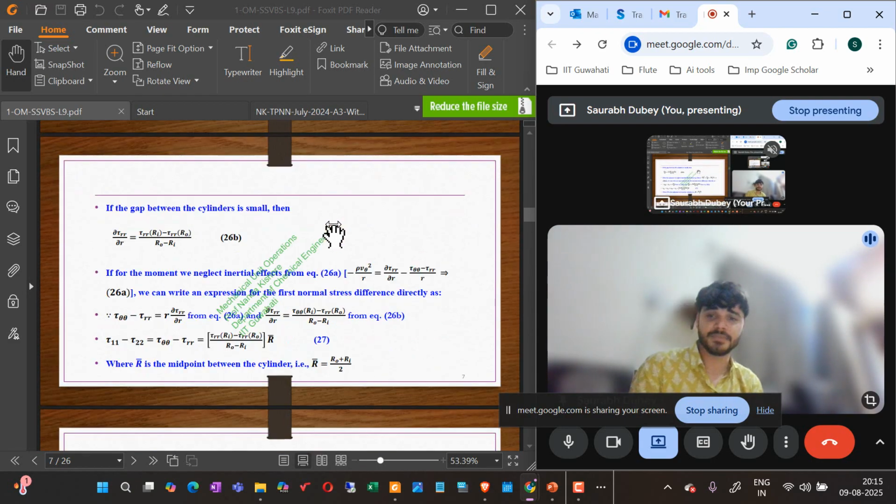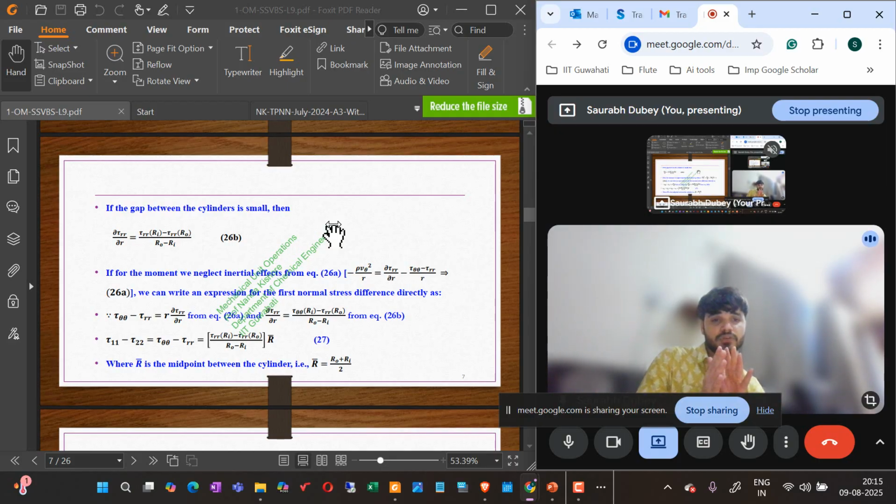And then if the gap between the cylinders is small, then what is happening? The del tau RR by del R can be written as tau RR at Ri minus tau RR at R0, divided by R0 minus Ri. When the gap is very small, the curvature effects can be nullified.